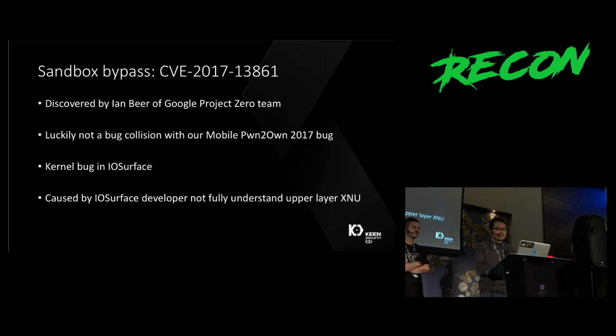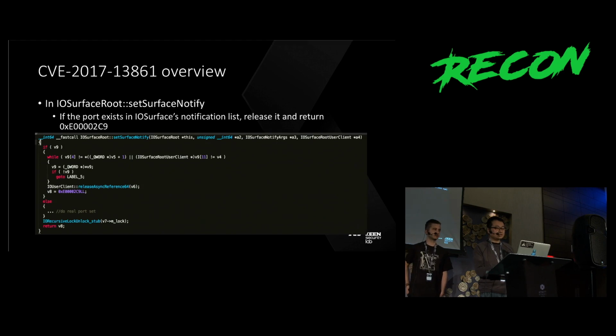So his bug is caused by the IOSurface developer not fully understanding the upper layer of the XNU implementation. So I will explain it. There is an interface which you can reach from the userland, and this interface will accept a user-provided port, and it will check if it already exists in the IOSurface notification list, and if it finds it exists, it will try to release the port and return an error code.